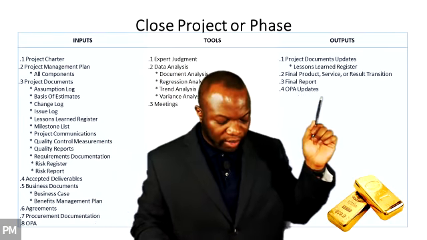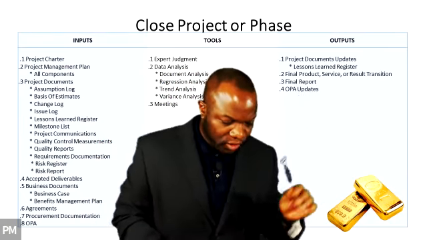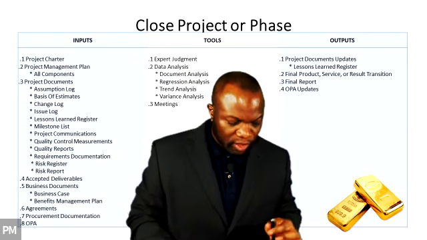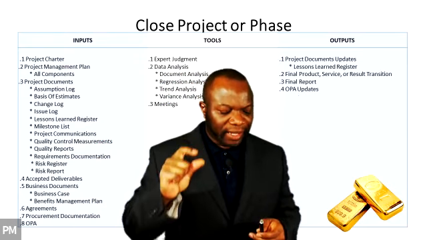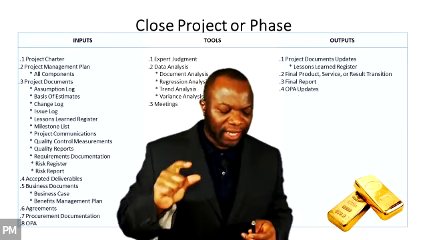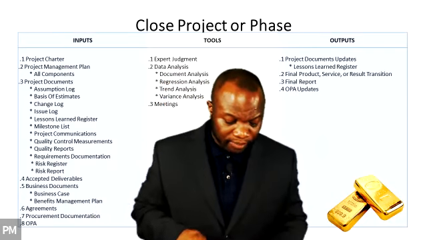This is talked about on page 128. So if you go to page 128 with me, the very last thing mentioned in integration is under OPA updates, and it's the lessons learned repository. Okay? Got to keep that in mind.